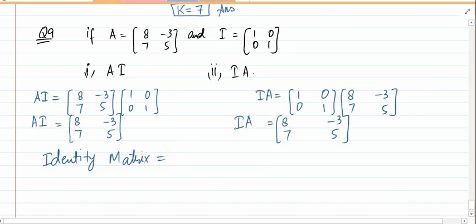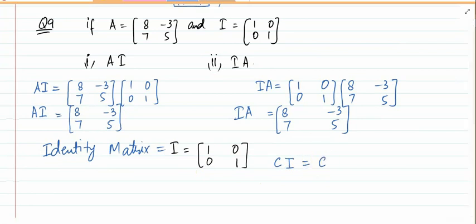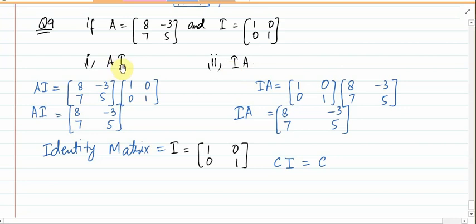The identity matrix is represented by I, and its matrix is fixed, [1 0; 0 1], right? And the property of the identity matrix is that when any matrix, let's suppose the matrix C, is multiplied with the identity matrix, the result is the C matrix. You just proved it in the above question, right? So whenever a matrix is multiplied with the identity matrix, it will be equal to the matrix itself.